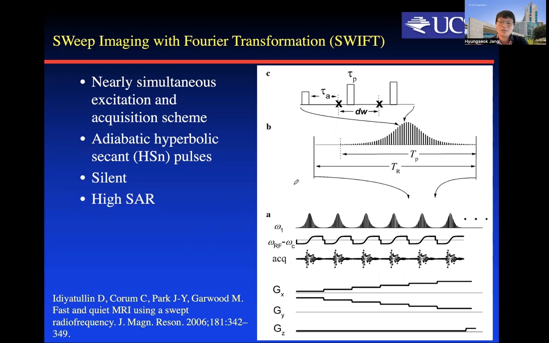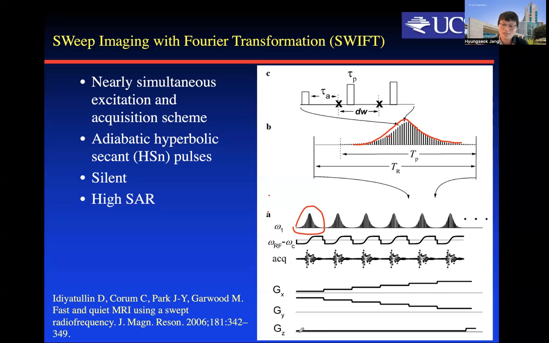But it is also a very interesting technique. They use an adiabatic pulse, using hyperbolic secant pulses, composite pulses, and each set of the RF pulse is used to encode the k-space projection line using the sweeping gradient.